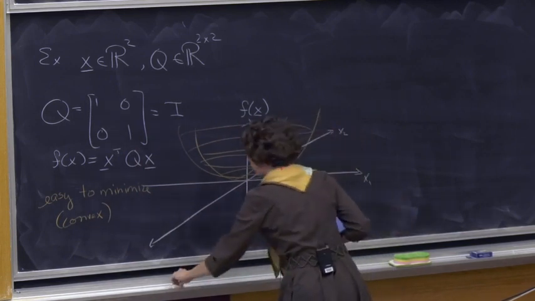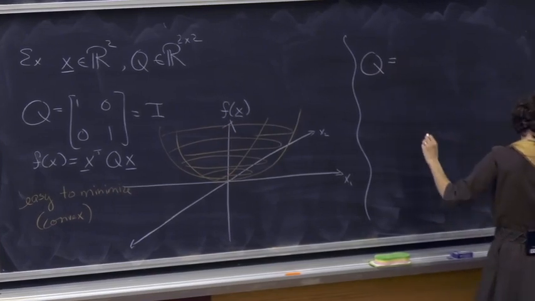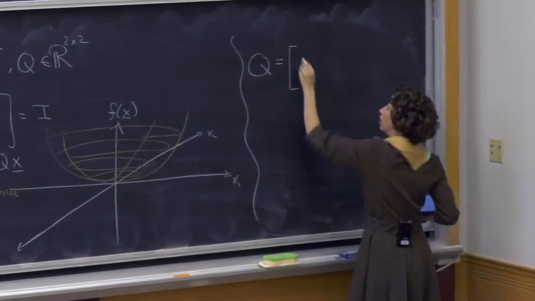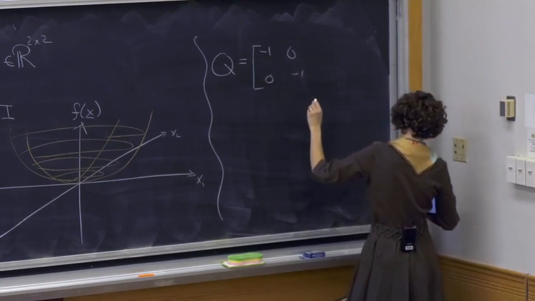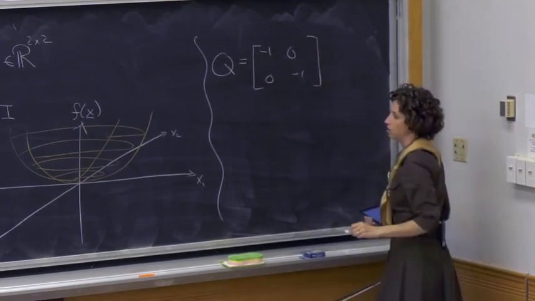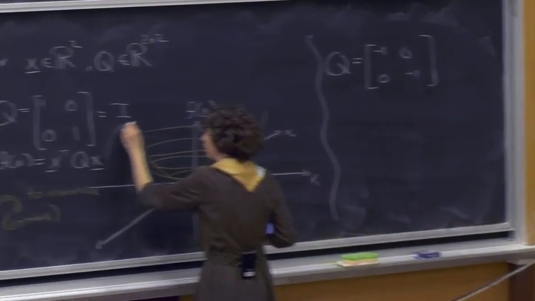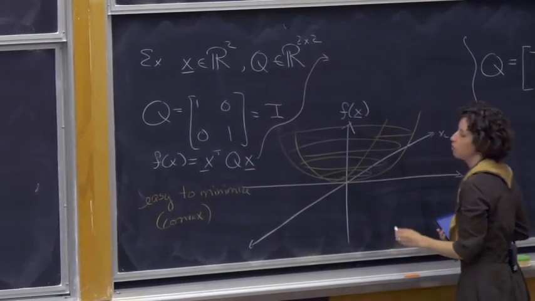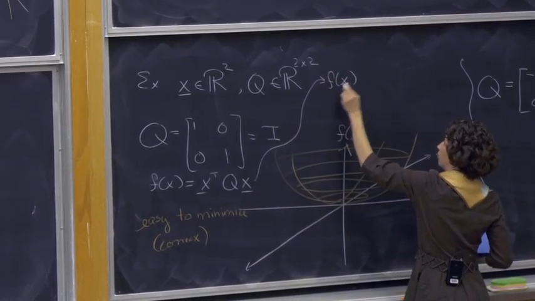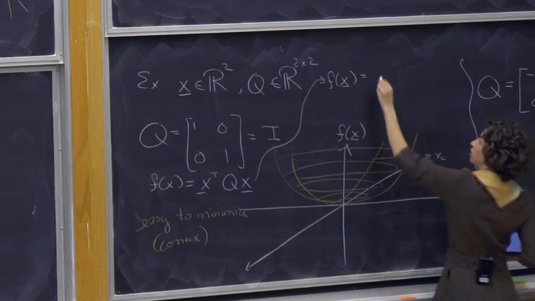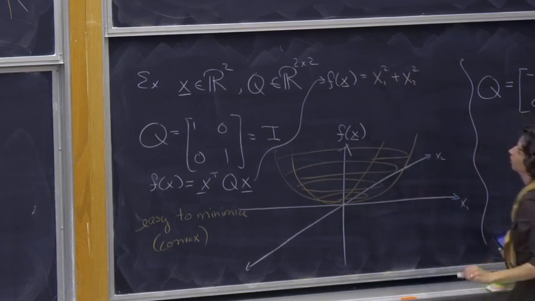And in contrast, if Q were equal to -1, 0, 0, -1, then we'd be in the opposite situation. And in fact, sorry, let me just say a couple more words about this that I forgot to mention earlier. If we expand this f of x, all this is x1 squared plus x2 squared.